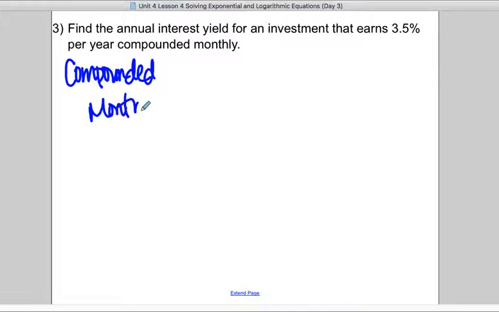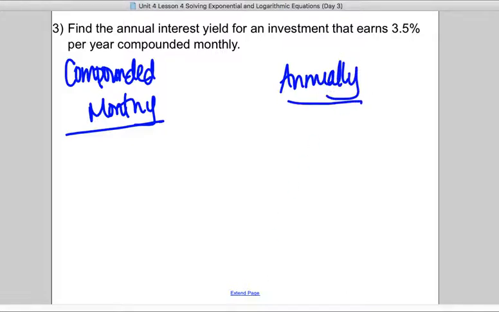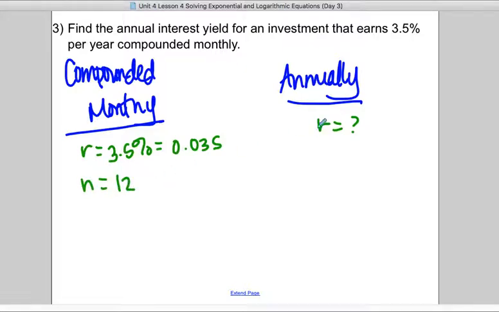So if I'm compounded monthly, my R is 3.5%, which is 0.035. We're trying to find the R over here for annually, so we don't know that. Then I also know that my N for compounded monthly is 12, and my N for annually is 1.